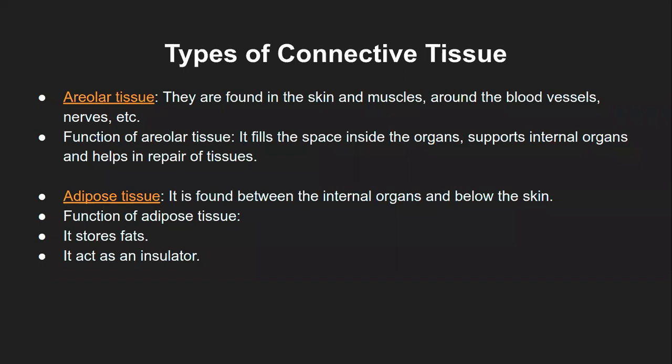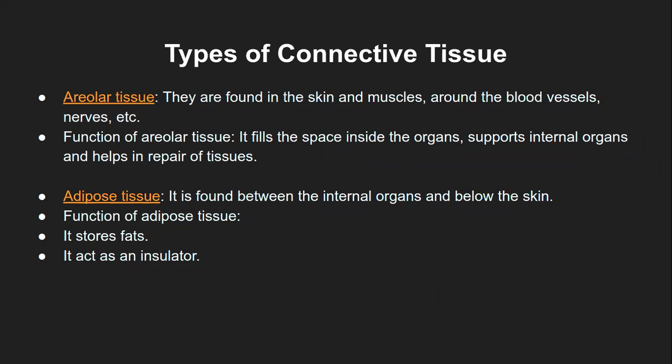The function of this areolar tissue is that it fills the space inside the organ. Not literally within the organ, but wherever there is extra space that is not occupied even by air. For example, the lung has an internal space, but that does not mean the areolar tissue will go and fill up that space.